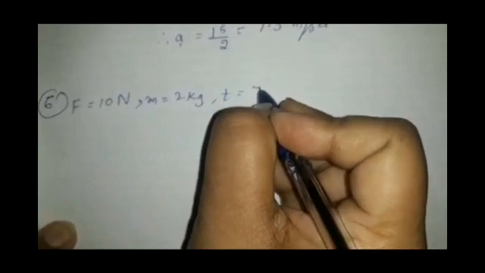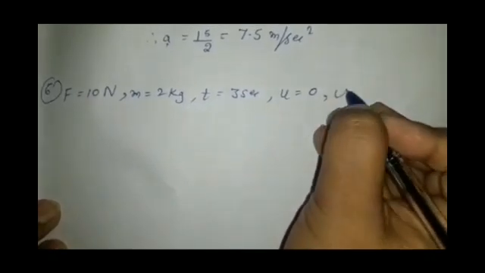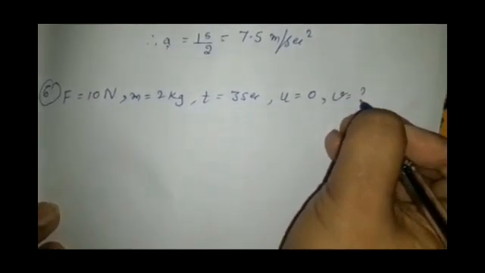Force is given. F is equal to 10 Newton. Mass is 2 kg. And time is 3 seconds. And initially at rest means initial velocity 0. What do we have to find? The final velocity, that is v, we have to find, and change in momentum. Now children, you can see this thing.